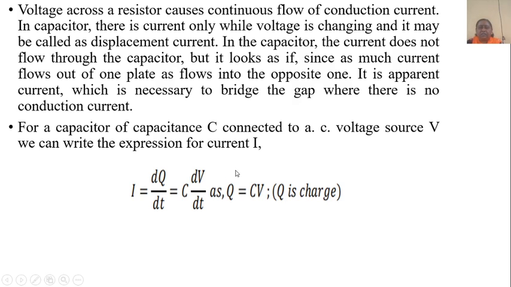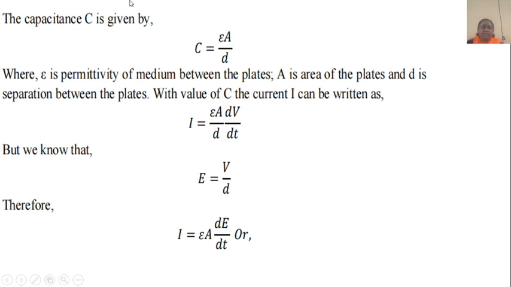Now current is given by dq by dt equal to C into dV by dt, as Q equal to C into V. The capacitance C is given by C equal to epsilon A upon d, where epsilon is permittivity of medium between the plates, A is area of the plate and d is separation between the plates.